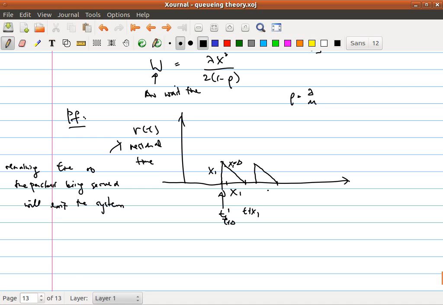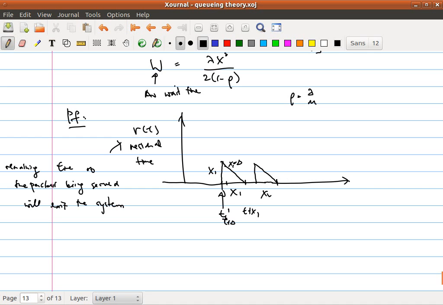Let's say another packet comes in here, but it won't affect the residual time at this moment, because we only care about the packet being served at the moment. Let's say this packet needs x3 period of time to get processed.